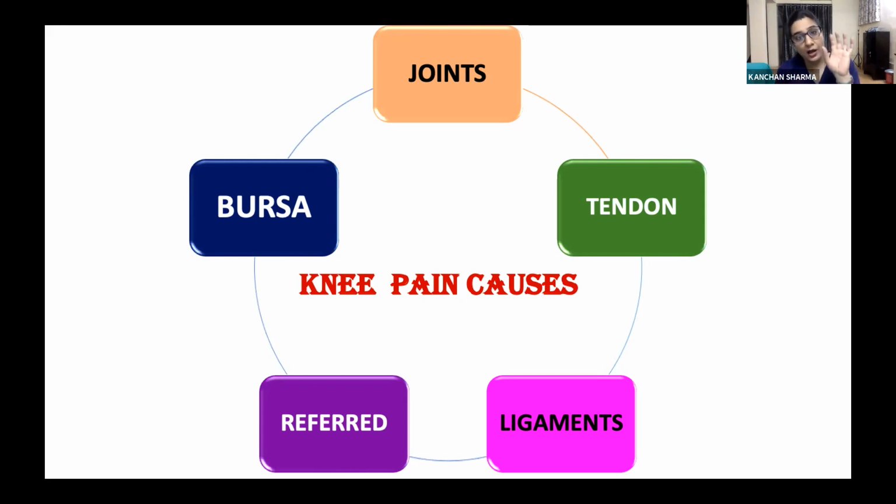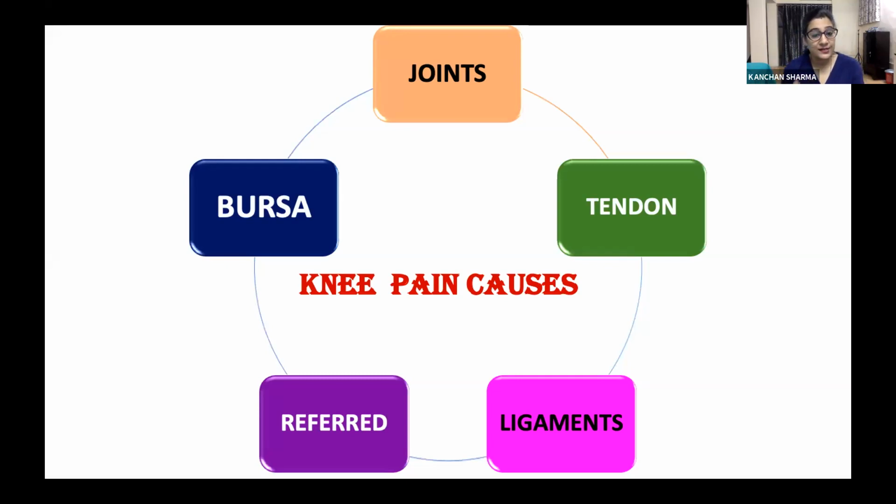If there is any arthropathy of the joint, you're going to have pain, stiffness, and decreased range of motion. When you talk about the tendons, we have seen two tendons. So we are going to have quadriceps tendinopathy or patellar tendinopathy. In tendinopathy, again, the patient is going to have pain, and sometimes relative weakness, not the absolute weakness with which the patient will come to you.